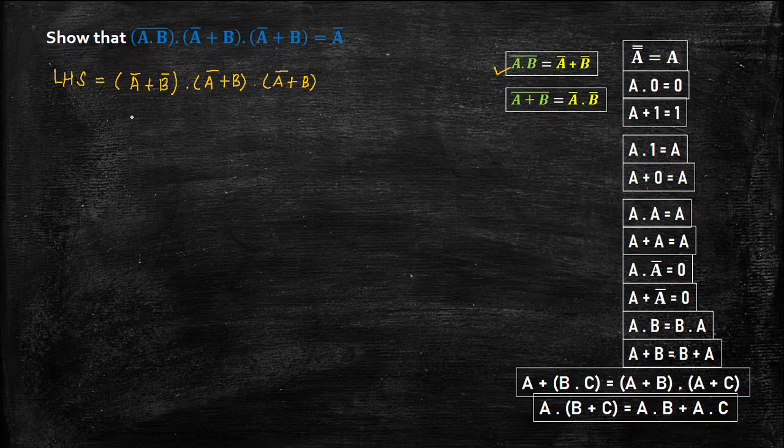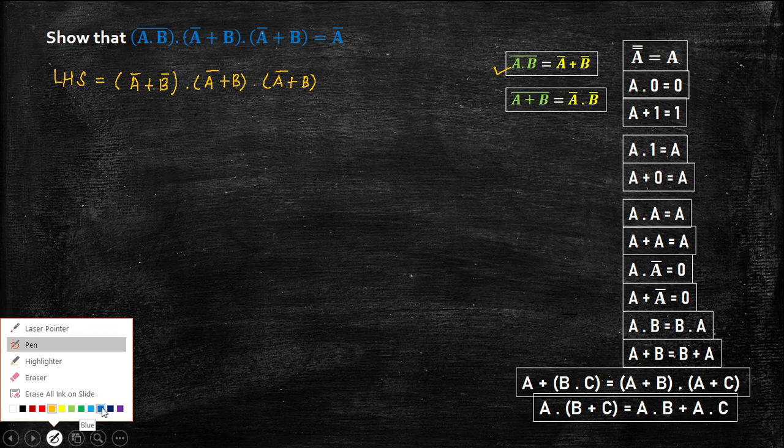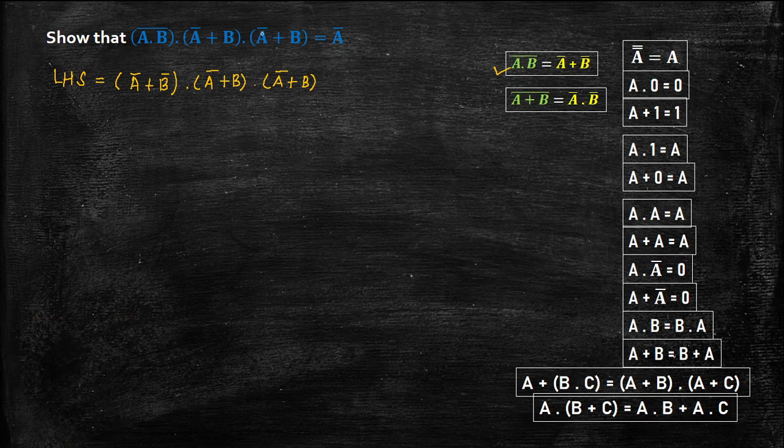Then next one, here I think there is a typing mistake. It has to be b bar, not a bar. Let me change it. This is b bar, not a bar.